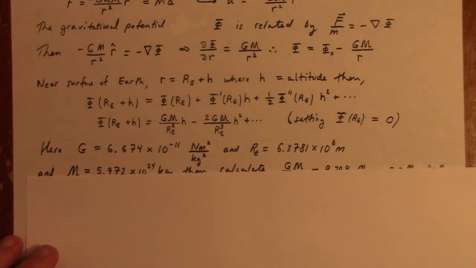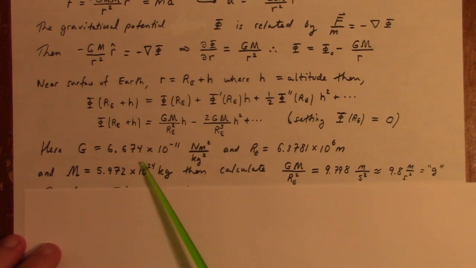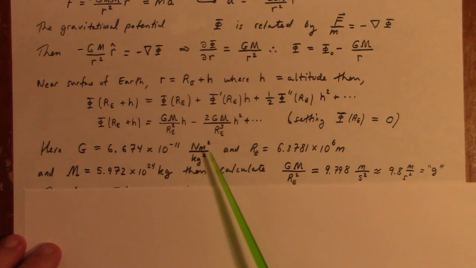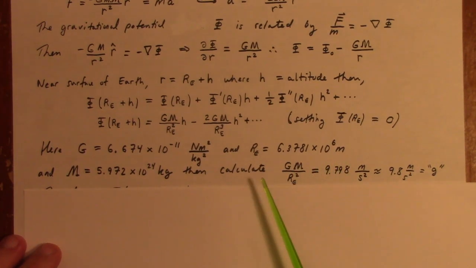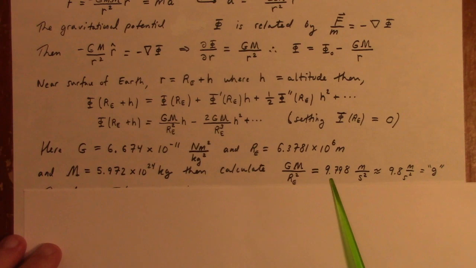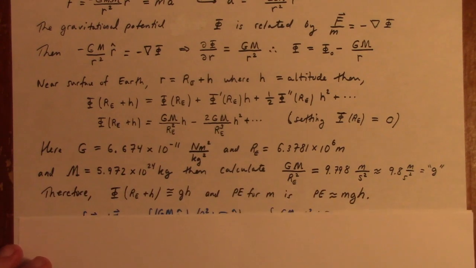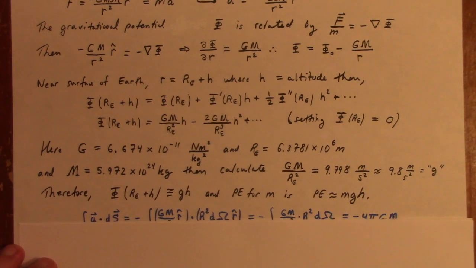And of course, if we use Newton's universal gravitational constant, 6.674 times 10 to the minus 11 newton meters squared per kilogram squared, and the radius of the Earth, which is about 6.37 times 10 to the 6th meters, and the mass of the Earth, which is 5.972 times 10 to the 24th kilograms, and you put all that together, you get 9.798 meters per second squared, which I typically just say as 9.8 meters per second squared to keep it simple.